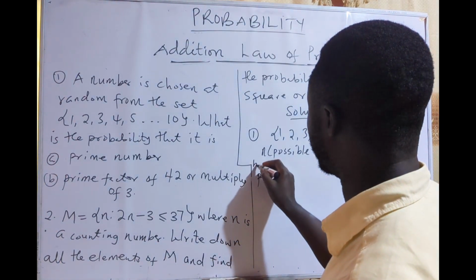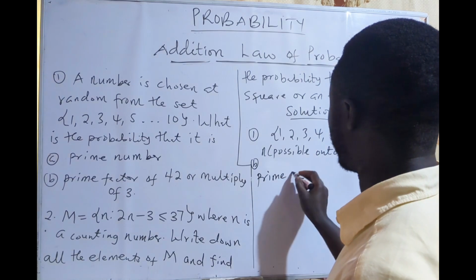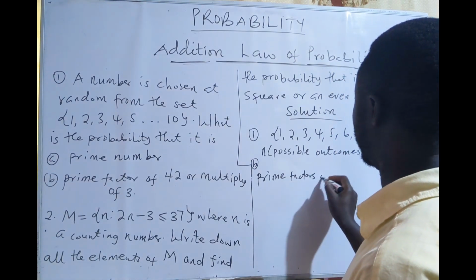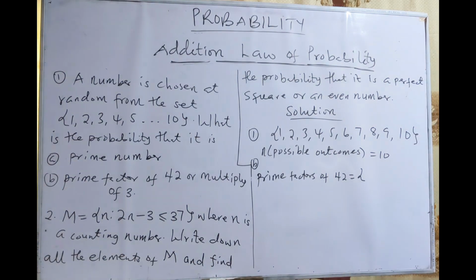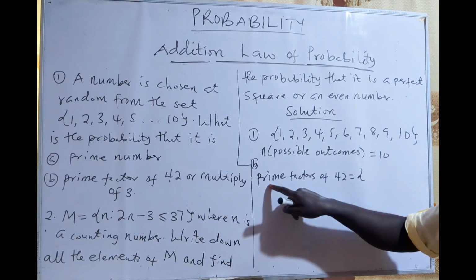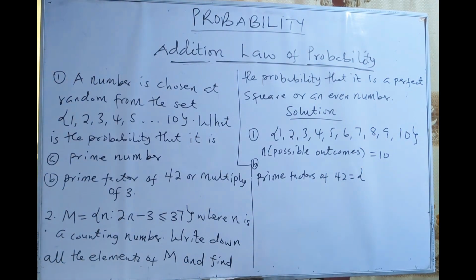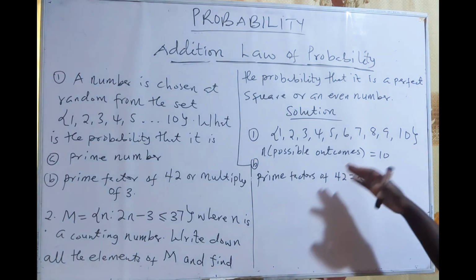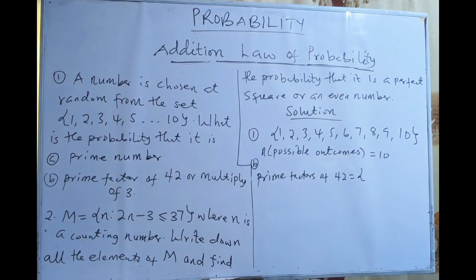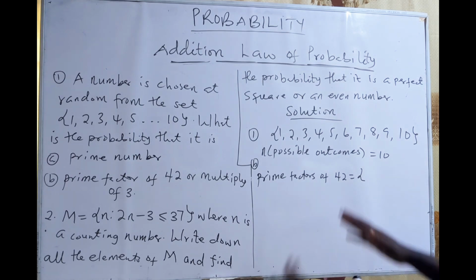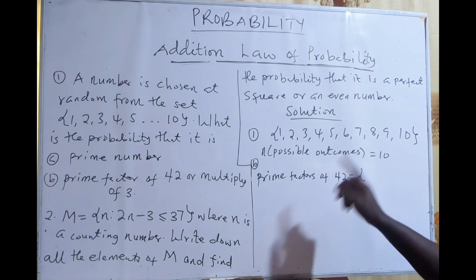Take note of the word prime factors. They are not just factors of 42, but factors of 42 that are prime. We have a lot of factors of 42, but you want only the prime ones, so we are going to look at factors of 42 and list the prime.